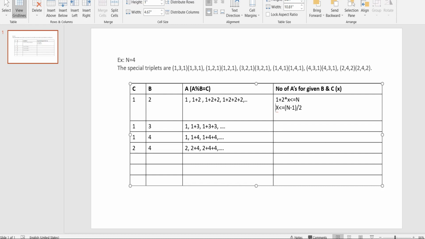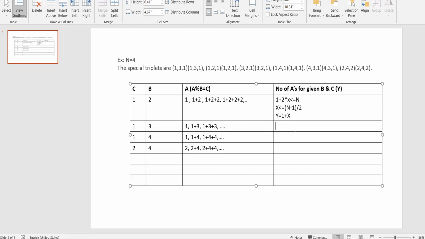Now the number of a's that we can take for given b and c is equal to 1 plus x. Let's call this count y, so y is equal to 1 plus x.